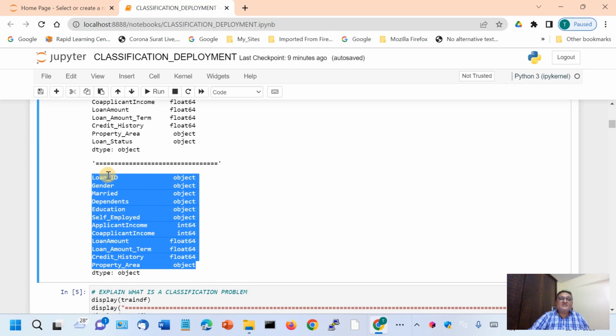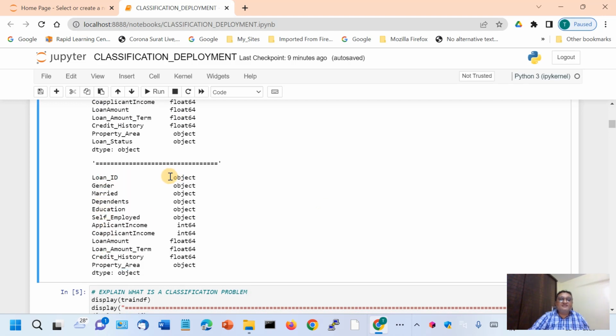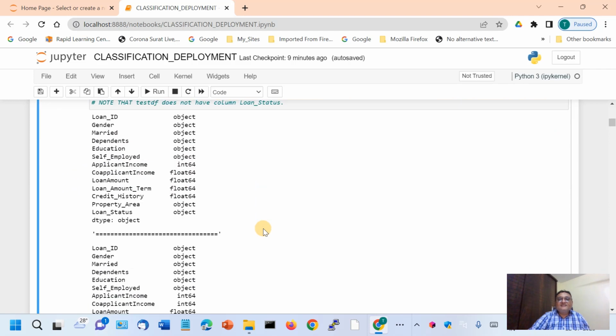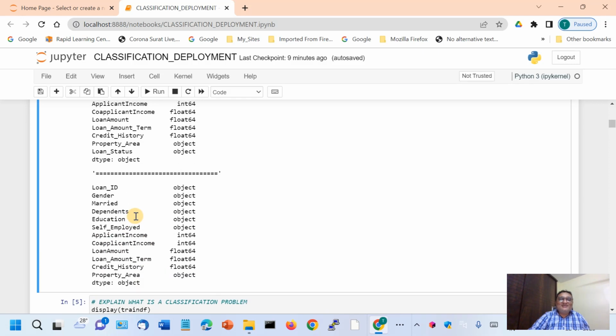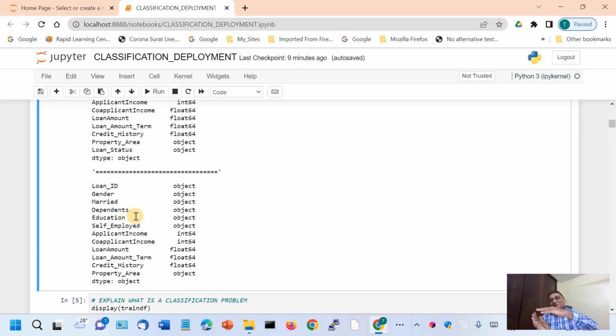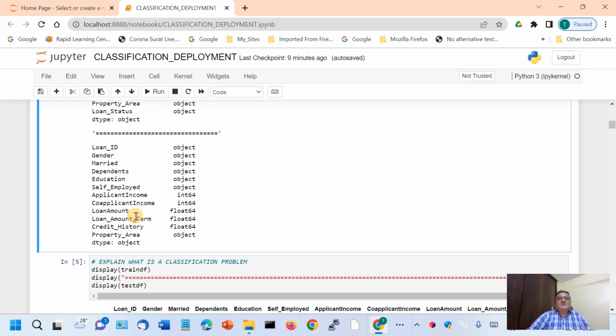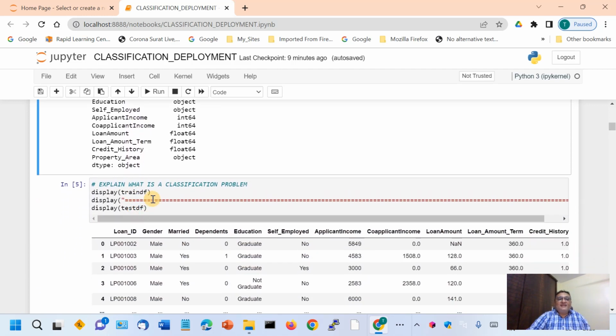So based on these features, some value of gender and married and salary and co-applicant salary and credit history and all others, your model will predict whether or not the applicant is classified into the yes segment of that large data pool or the no segment. Okay, so that is why this is called binary classification.